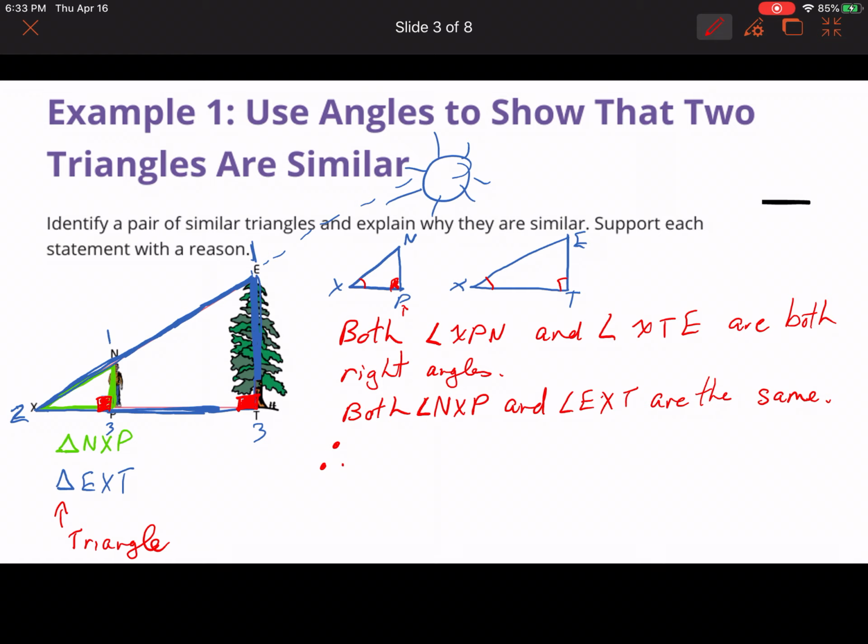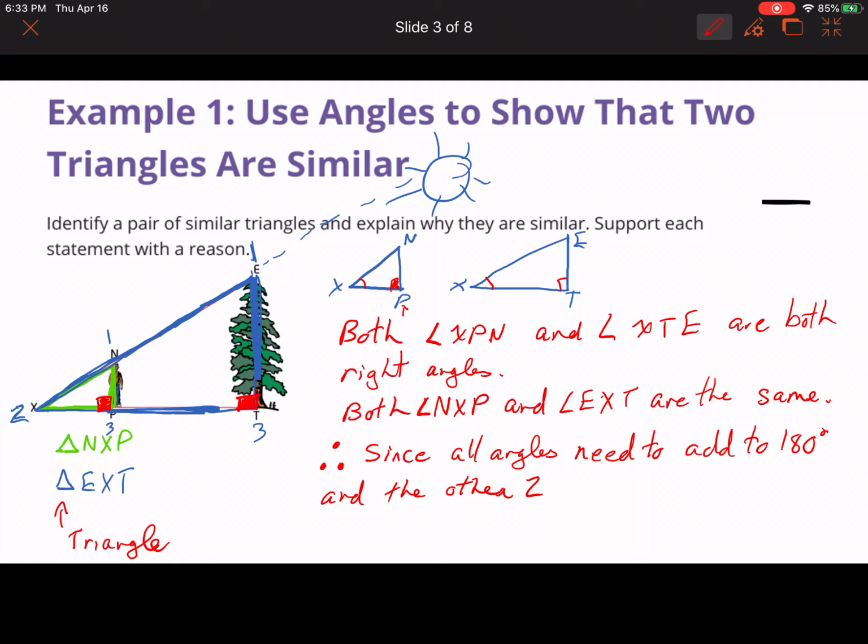Therefore, since all angles in a triangle need to add to 180 degrees, and the other two angles are the same, then we know that these top two angles must be the same as each other.